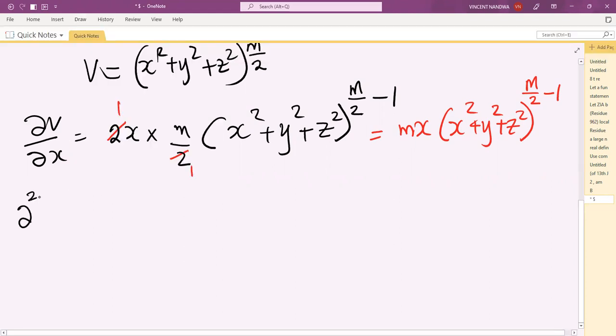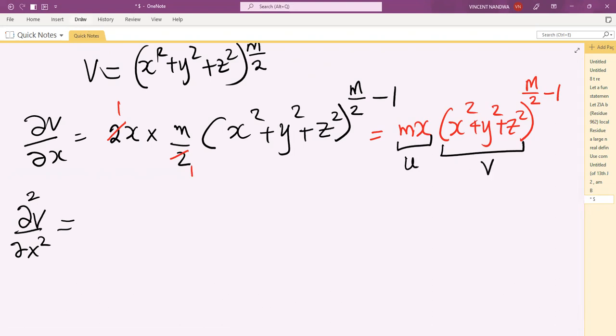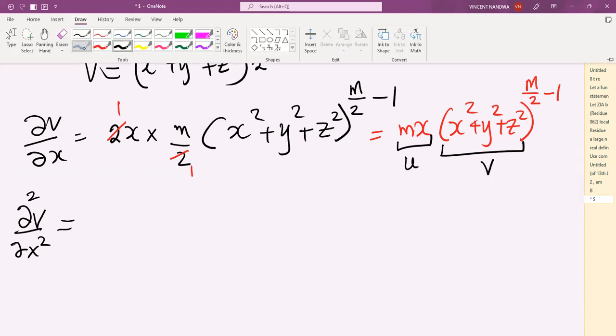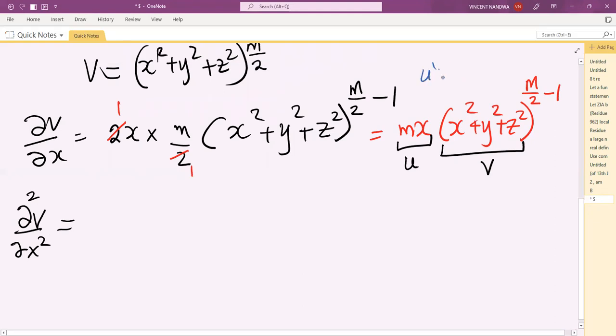Next, partial squared v partial x squared. Now, this one is obtained by differentiating this function of partial v partial x. And because it has a product of 2 terms, let's call this one u, this one v. So by product rule, we'll have u prime v plus v prime u. So u prime, differentiating this part, we get m.